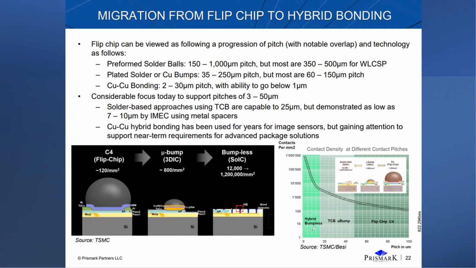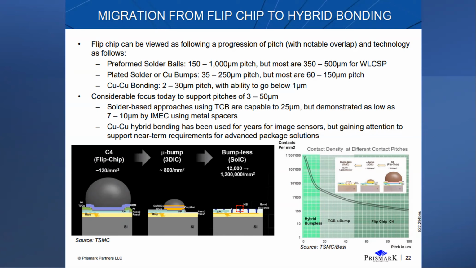And there's no bump, so you can see that the contact packing density increased dramatically to millions, 1.2 million per millimeter square. That is the ultimate one, which we discussed previously in a couple of talks about HBI.